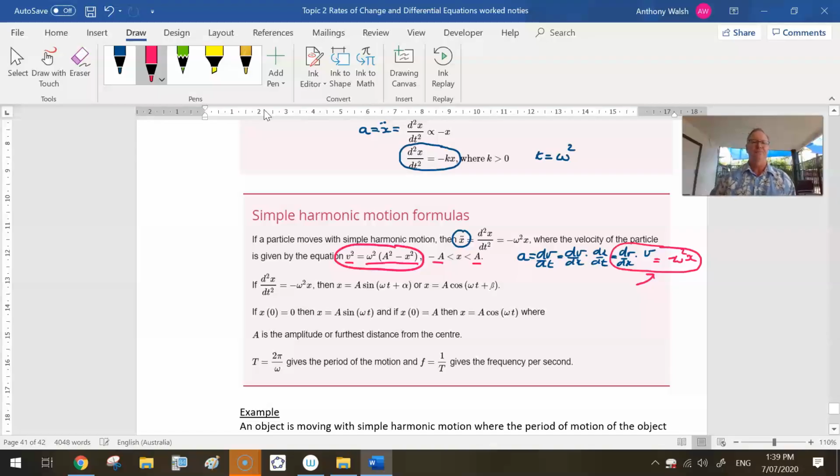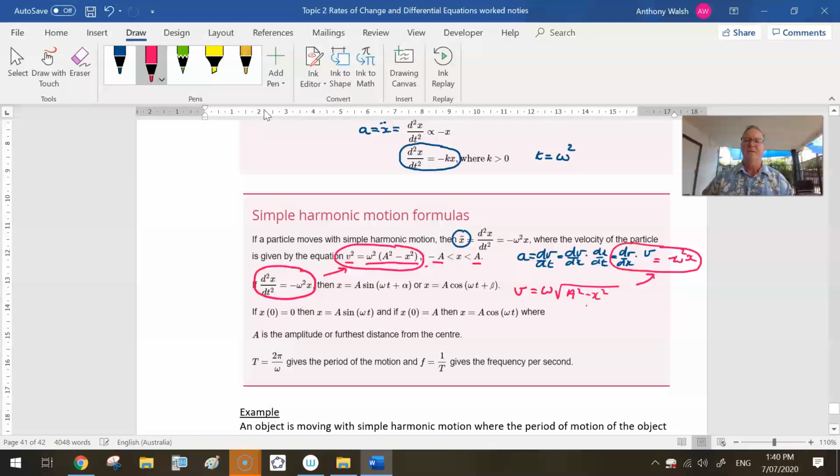Now also, if we know that the acceleration d squared x dt squared is equal to negative omega squared x, and I know I can change it into this relationship, I can get v by itself. v would be the square root of omega squared, a squared minus x squared, or just plain old omega, the square root of omega squared is omega, by the square root of a squared minus x squared.